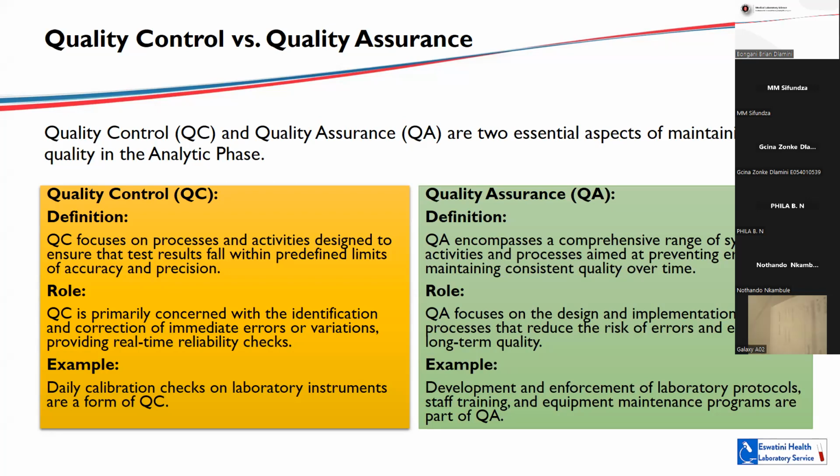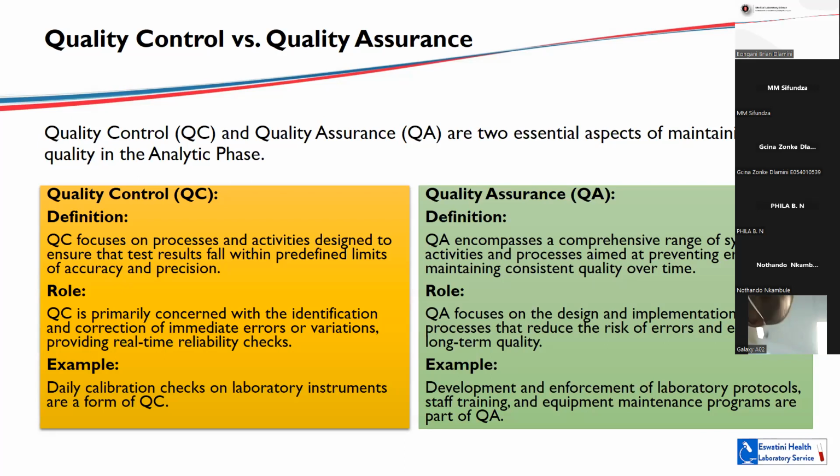It is concerned with the identification and correction of immediate errors or variation, providing real-time reliability checks. We will be able to note that things are not going according to the standard or protocol. Then we need to act on it. An example of quality control could be our daily calibration checks on laboratory instruments, in the form of the QC.